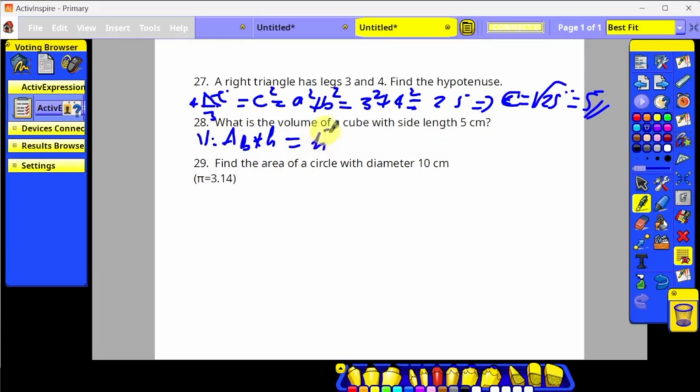So the area is a square and the height is a, so a cubed. We are given the side length to be 5, so 5 cubed is the answer, which is equal to 125 cubic centimeters.